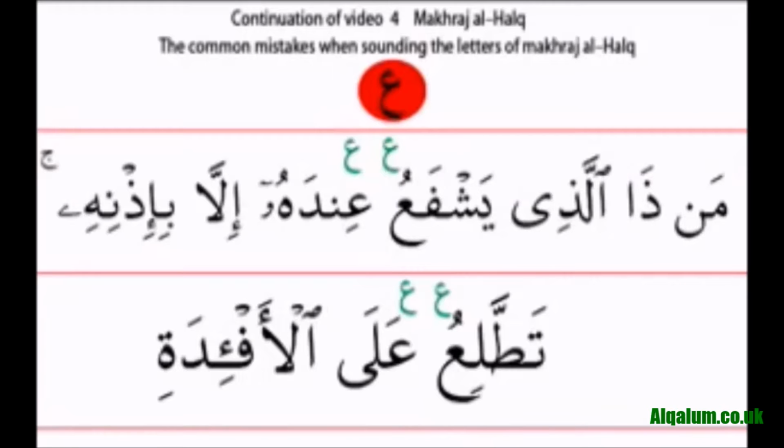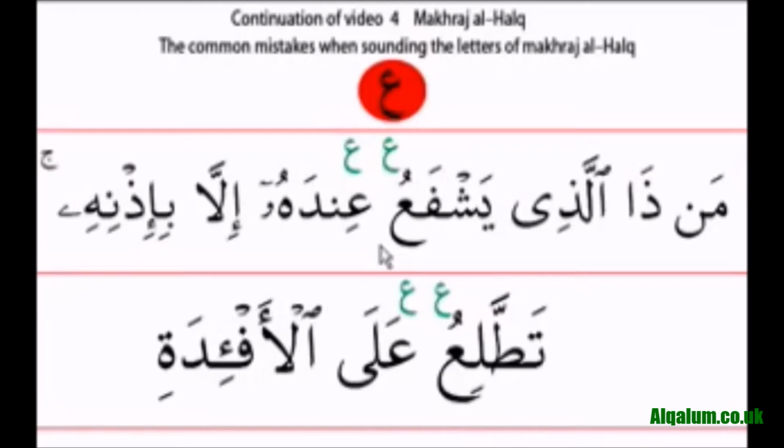Have a look at this ayah. من ذا الذي يشفع عنده إلا بإذنه. Not يشفع عي, but يشفع عنده. I made the idgham, as I made the two letters as one letter.